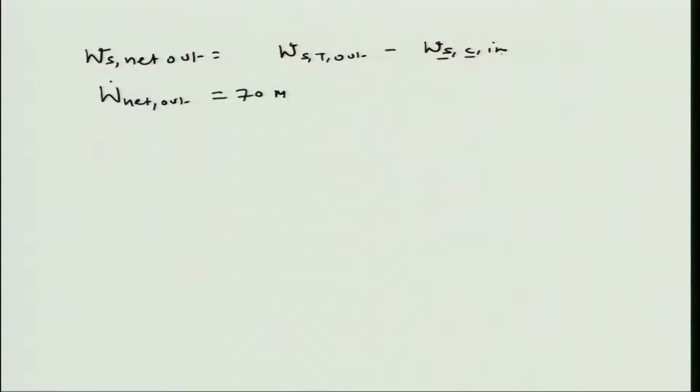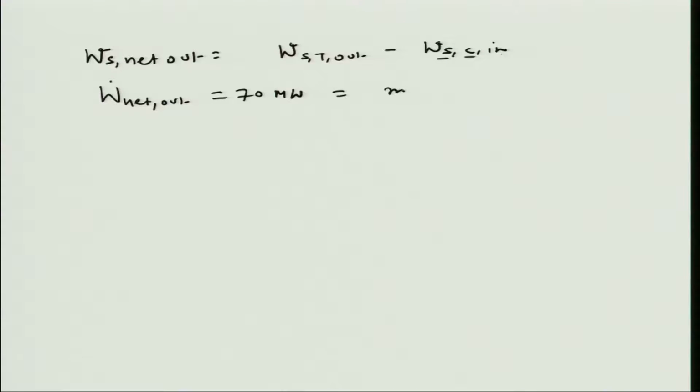So the net work is the turbine out minus the compressor in, so the isentropic compressor in. What we have done is consider everything per unit mass as a basis, and we have been given the net power output, that is W dot net out is given as 70 megawatt.